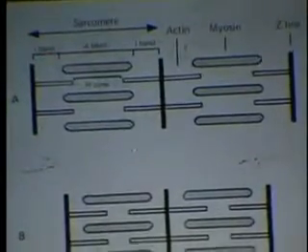In the next one, now, this is the basic principle that we were just showing. A sarcomere was between two Z bands. Here are A bands, here are I bands. When these Z bands come together, the A and I bands do not shorten. It's just the distance between the two Z bands.